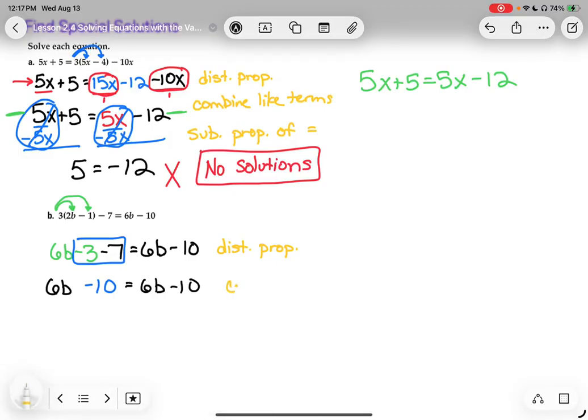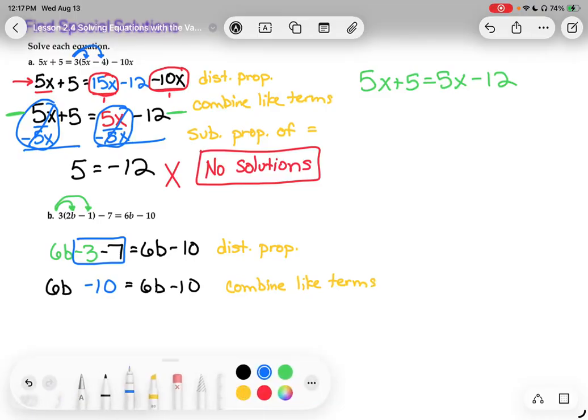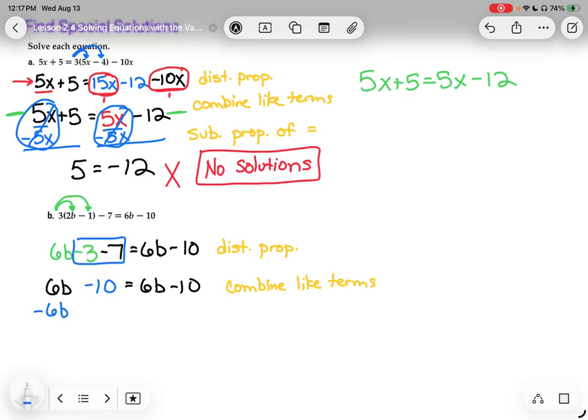And you can see that both sides are exactly the same. Both sides are 6b minus 10. If we took this one step further and subtracted the 6b from both sides, we would end up with negative 10 equals negative 10.